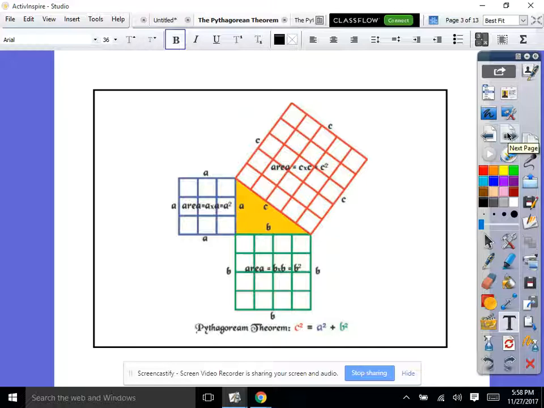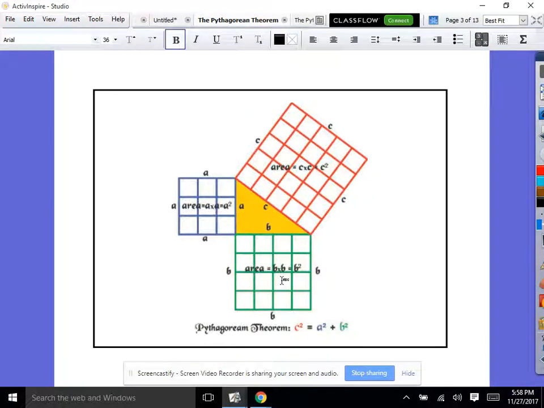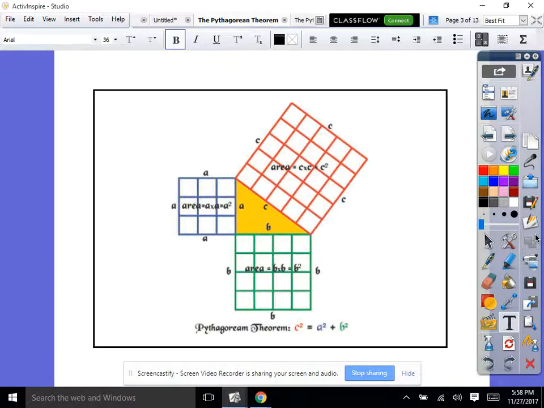Now, yesterday we worked with Unifix cubes, and also we did a foldable that showed the proof of a squared plus b squared equals c squared. So the proof for a right triangle.